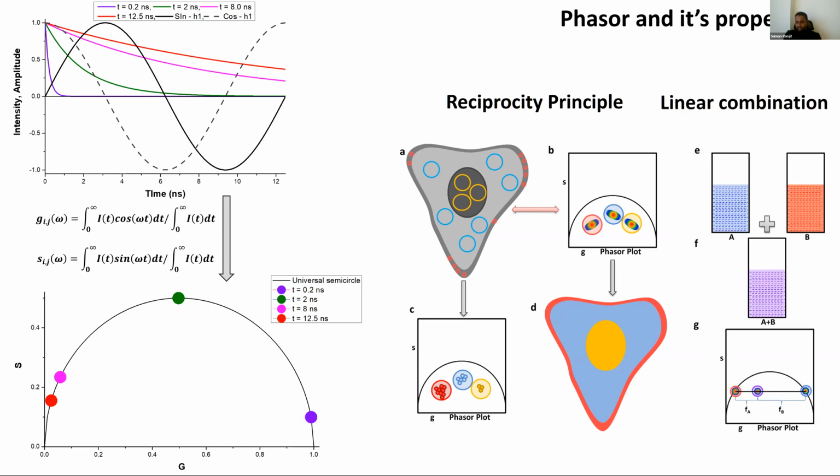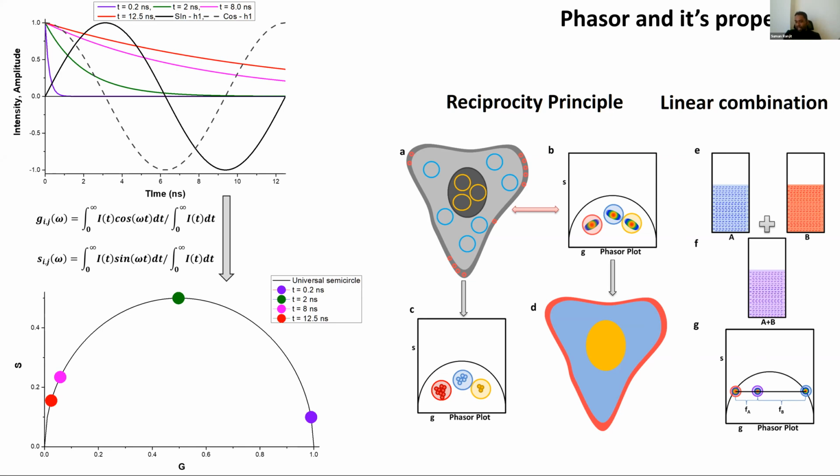Another thing that Alex mentioned is the linear combination. This is just shown in terms of solutions. Let's say we have a solution A and B. Their phasor points would lie at these 2 points. However, if you mix those two, which, if you think about it in terms of image space, is basically the same behavior as a single pixel which has 2 different dyes.